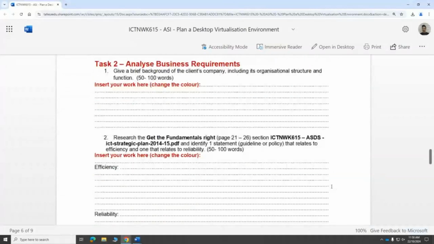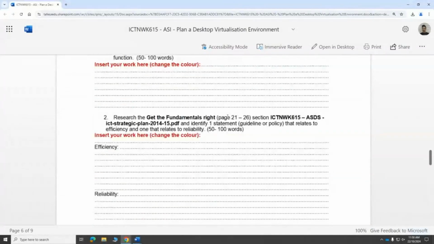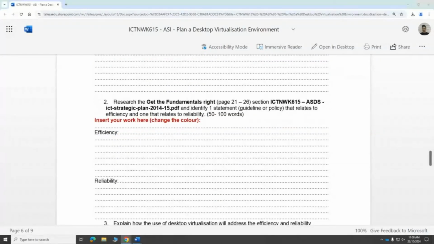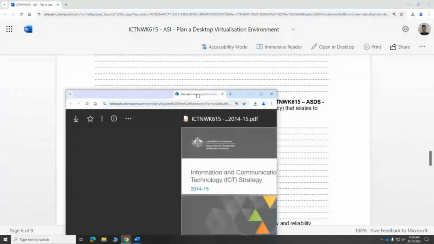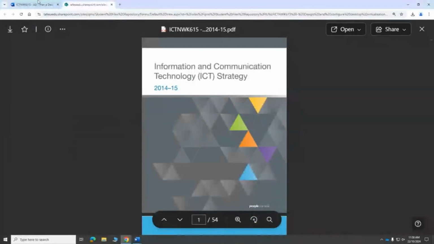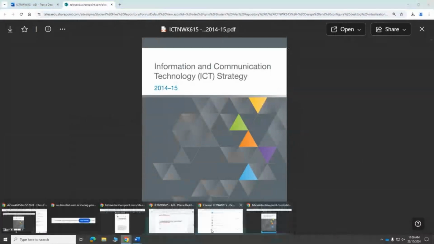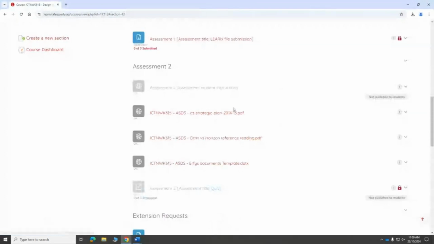Then there's this document, the research and get the fundamentals right document. That's a strategic plan. So if we look at the ICT strategic plan, that's this document, this strategic plan link. If I click on that, it'll open up.